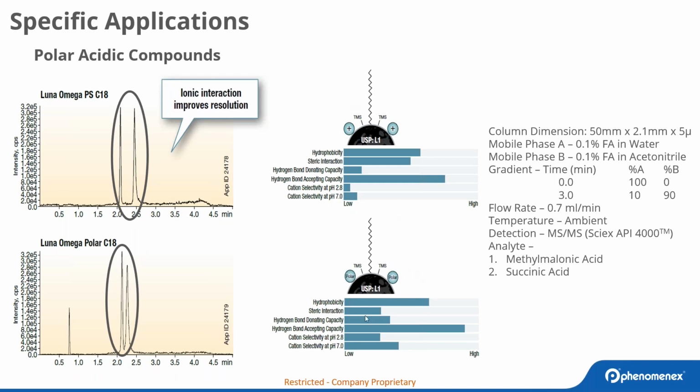Then we also have a polar modified silica, integrated into the silica, with the same ligand and same end-capping. So really we're working with a positive charge or a polar charge. You can see that the Luna Omega PS C18, for the polar acidic compounds, has an ionic interaction and is able to improve that resolution.